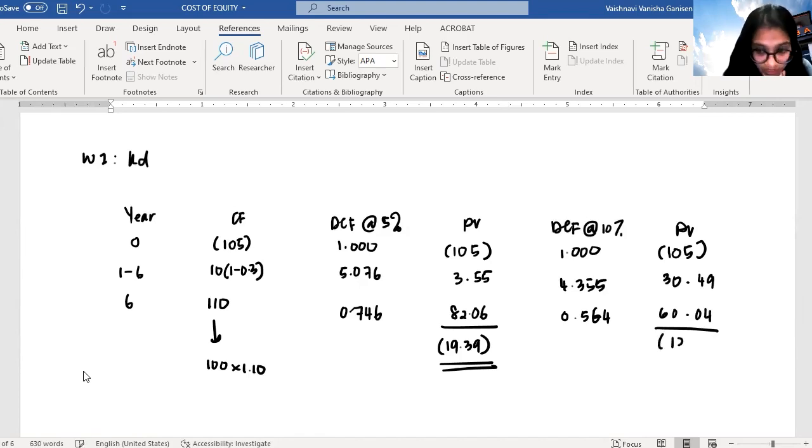Okay, guys, I think I've got a calculation error here. 7 multiplied by 5.076 should be 35.53. Decimal place error, sorry. Okay, 12.59.